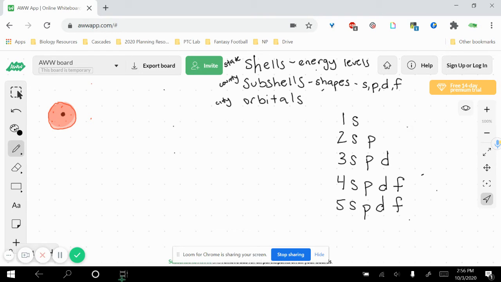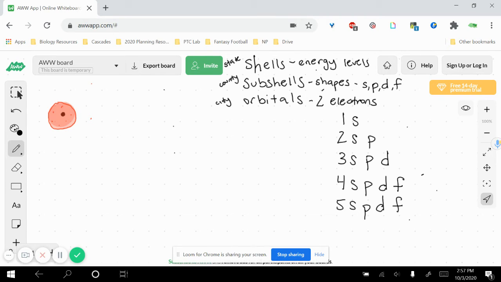And each orbital can only hold 2 electrons. It doesn't matter if it's an orbital in the first level, the third level, or the fifth level. It doesn't matter if that orbital is in the P subshell or the F subshell or the S subshell. Each singular orbital can only hold up to 2 electrons. That's its max capacity.